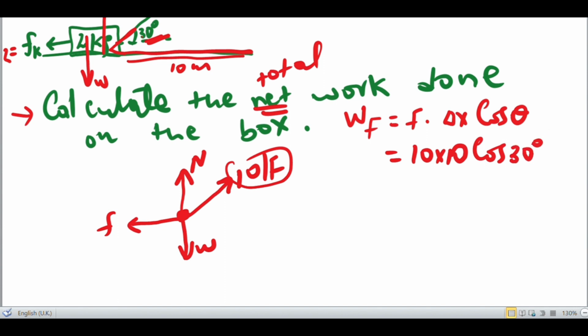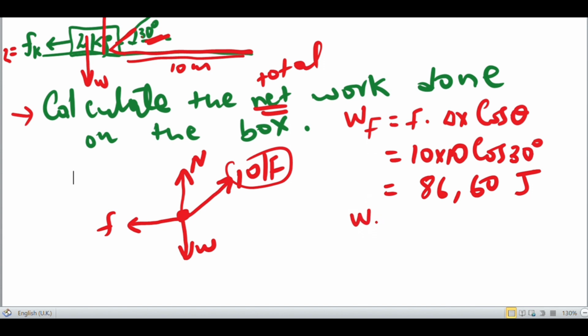Remember, the force applied is applied at an angle, which means the angle is between the displacement and the force. I will have an example for an incline. So the answer for this one is 86,60 joules. That is the work done by the force applied.